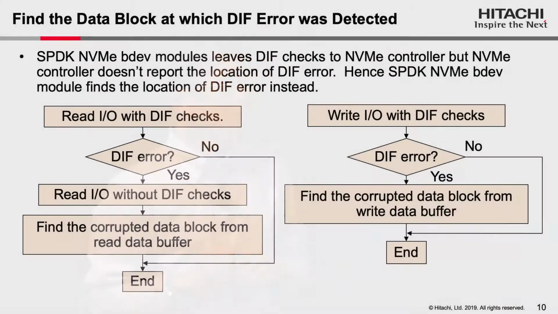And SPDK will use NVMe SSD as the backend of the iSCSI target and NVMe over Fabrics target first. And we can leave DIF verification to the NVMe controller because the hardware NVMe controller has that feature, but the NVMe controller doesn't report the location of the DIF error.